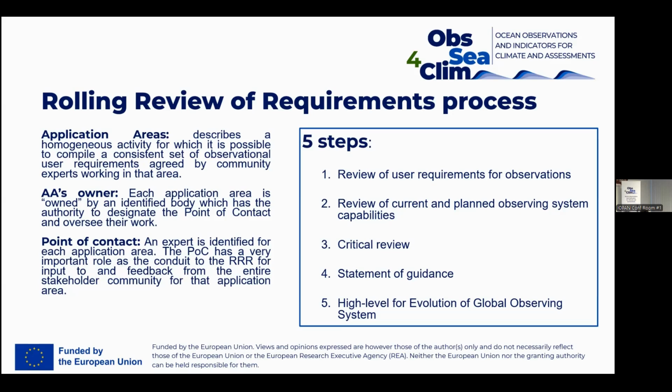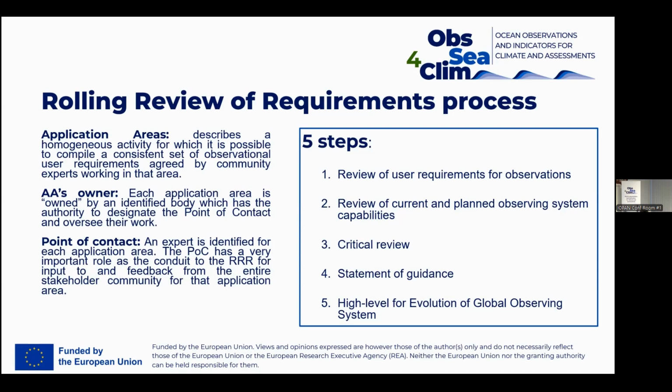There are a number of application areas, and for what is coming up as the ocean, GCOS is the owner. There are different areas, so for the ocean there will be different areas, and there is a point of contact for each of them. And this process has 5 steps.